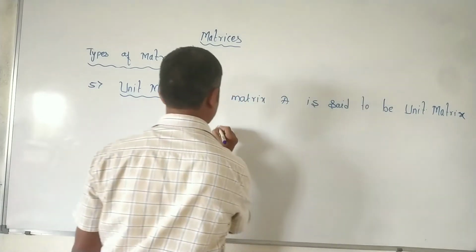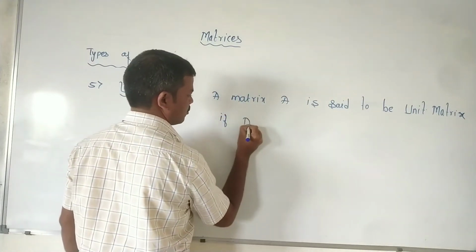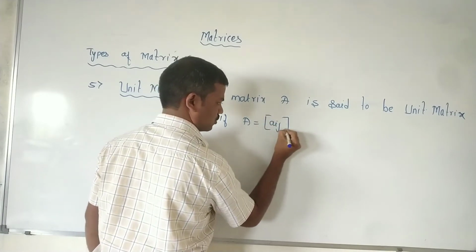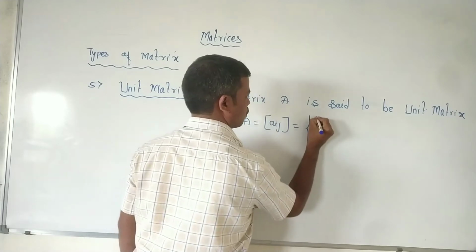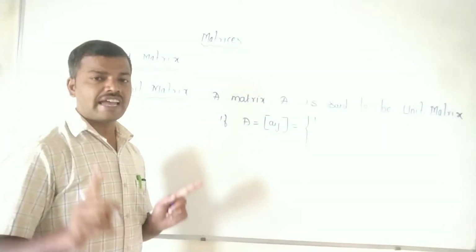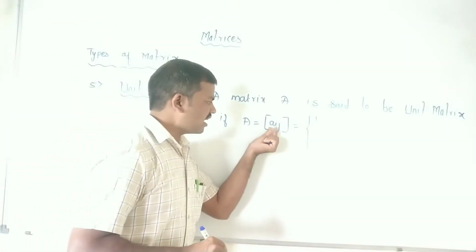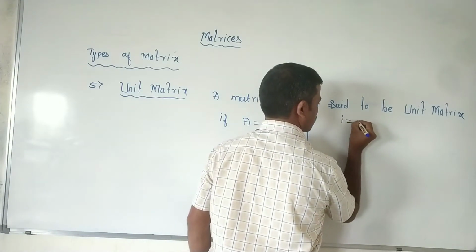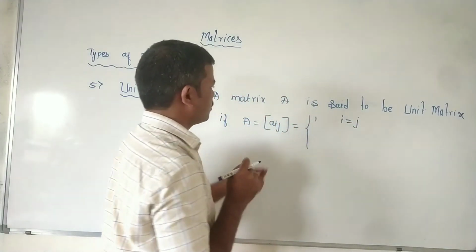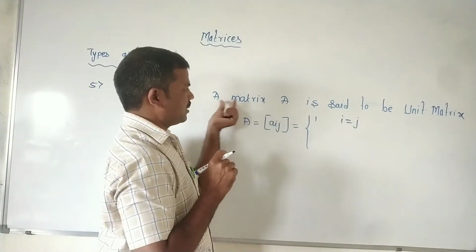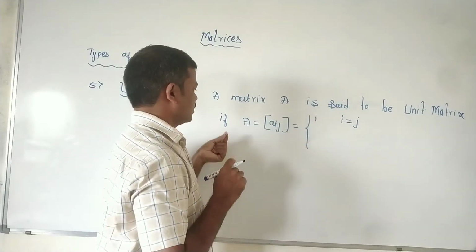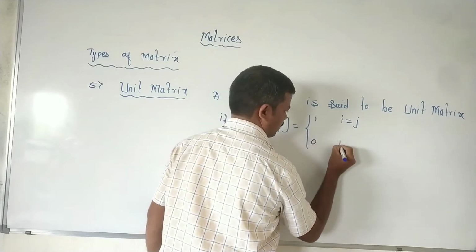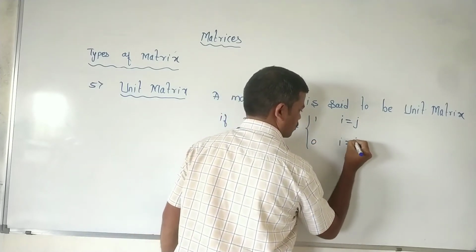if A is defined as Aij equal to 1 if i is equal to j, and 0 if i is not equal to j.